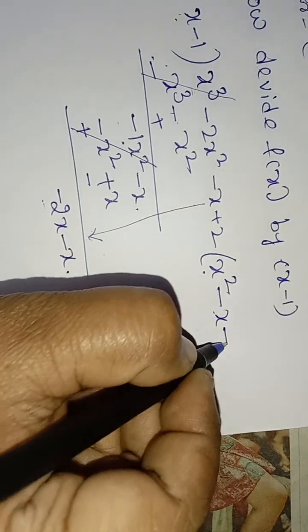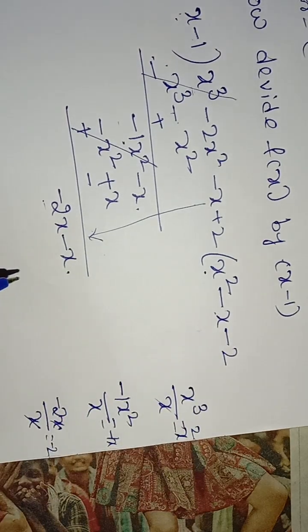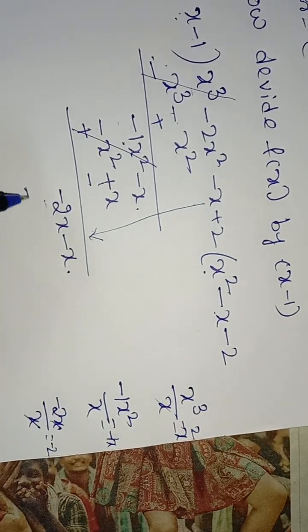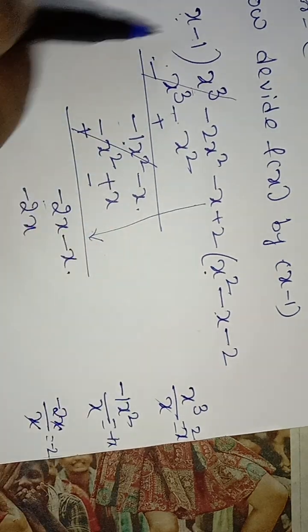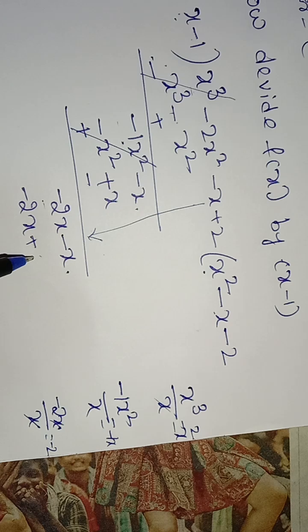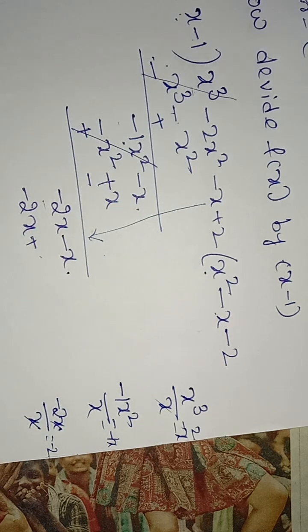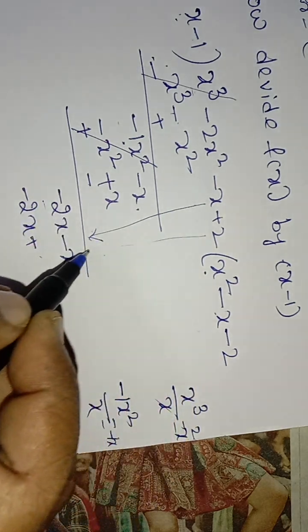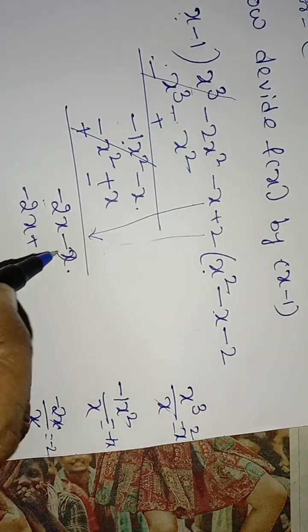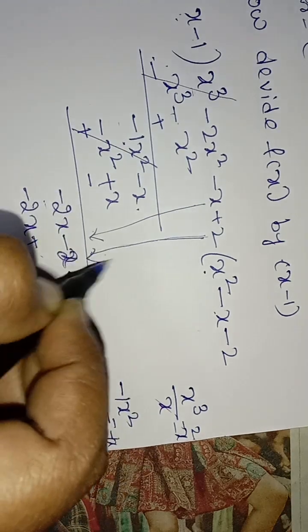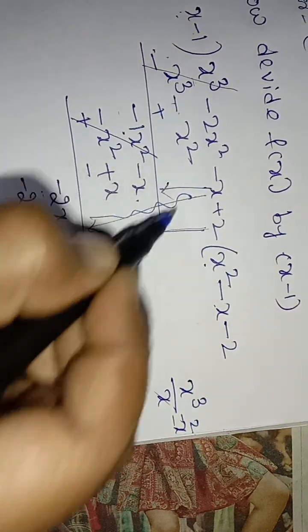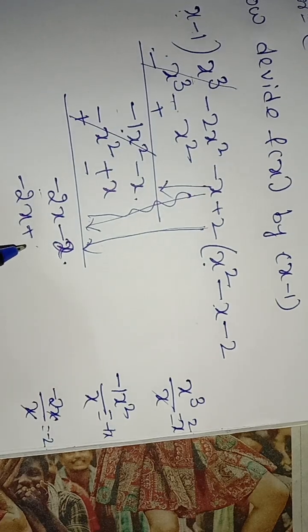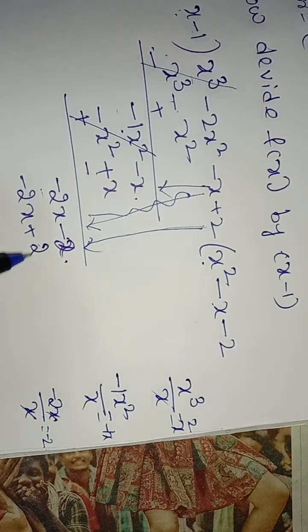Minus 2 into x is minus 2x, and minus 2 into minus 1 is plus 2.